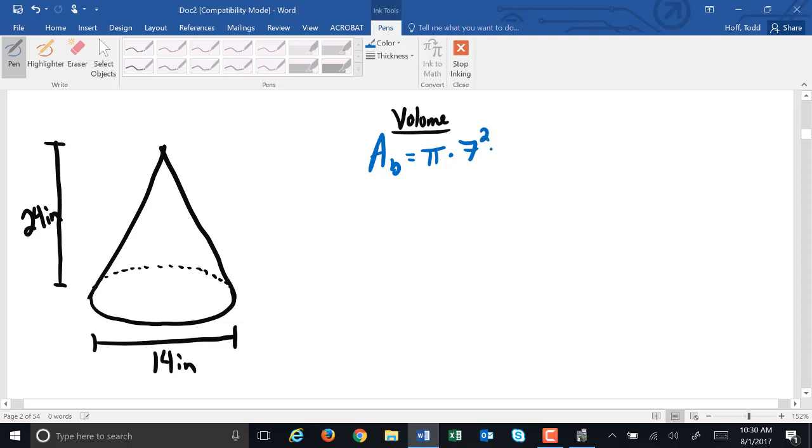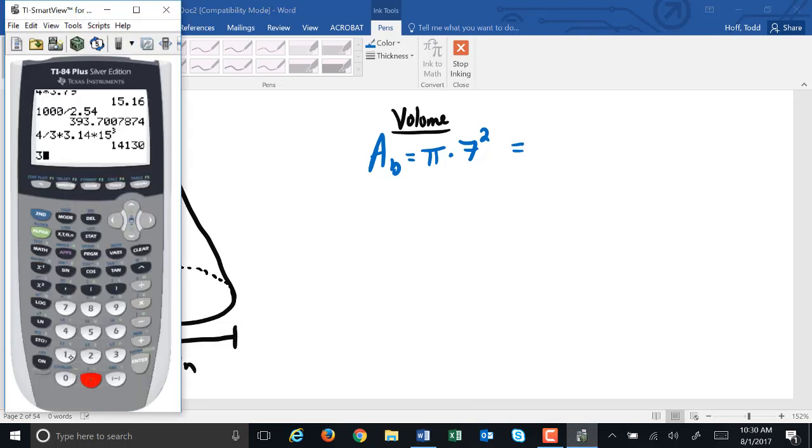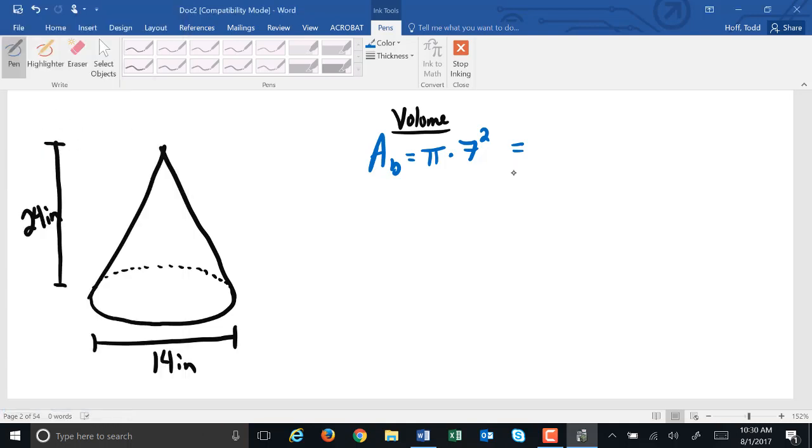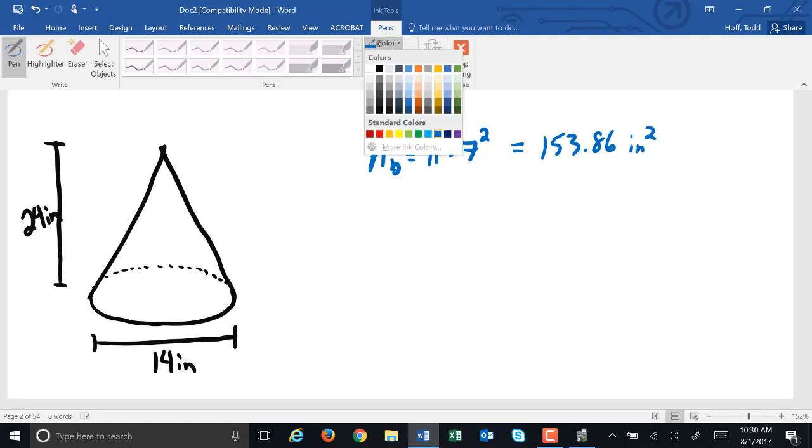The 14 is the diameter, so we have to use 7 as radius. Giving us 153.86. And that is in inches, so this will be inches squared.